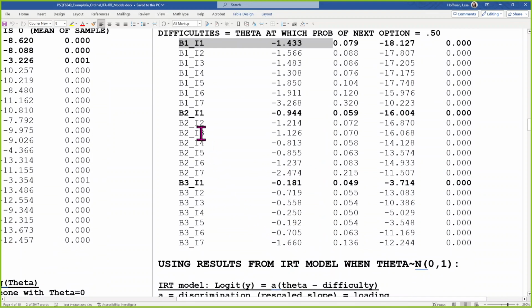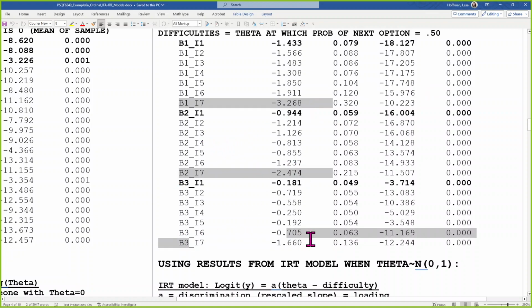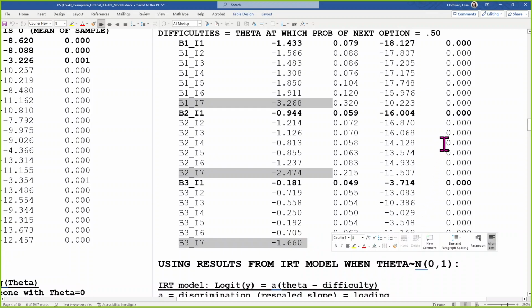If I go with item 7, that's the last one in each of these. Note that it looks fairly different than the others. Item 7 has more negative difficulties than the other ones.